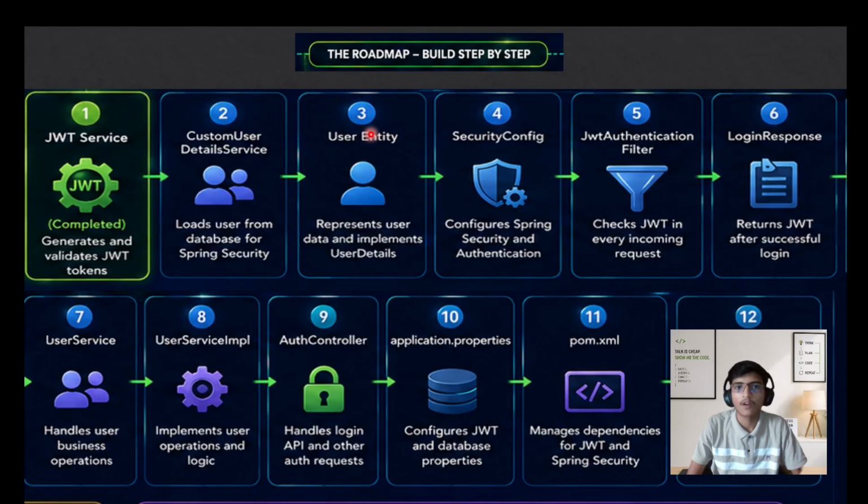But to form a computer, we need to combine all these components. The responsibility of combining all these components to form a computer belongs to the security config. So the security config is responsible for connecting these components.